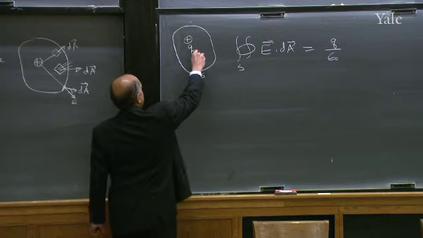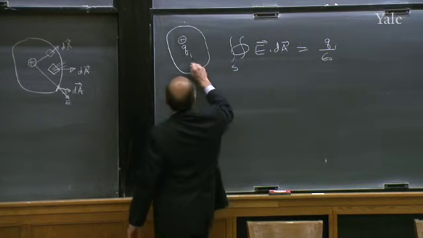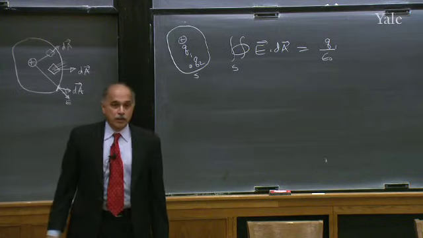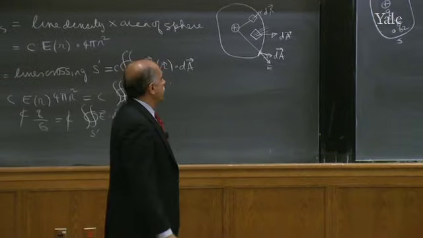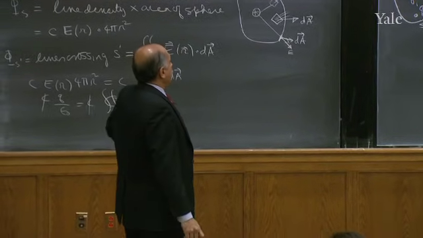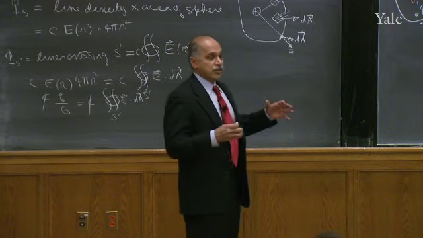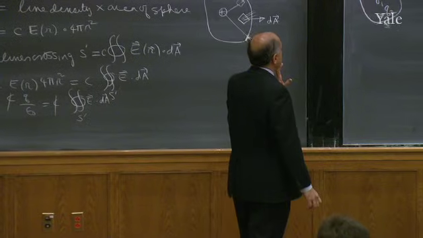Okay, now we do the next thing. Let's call this charge Q1, because I'm now going to put a second guy, Q2, here. If you now think in terms of lines of force, you're going to get into a big mess, because the lines of force due to two charges is a complicated thing. You remember drawing some pictures. But now here's the beauty.